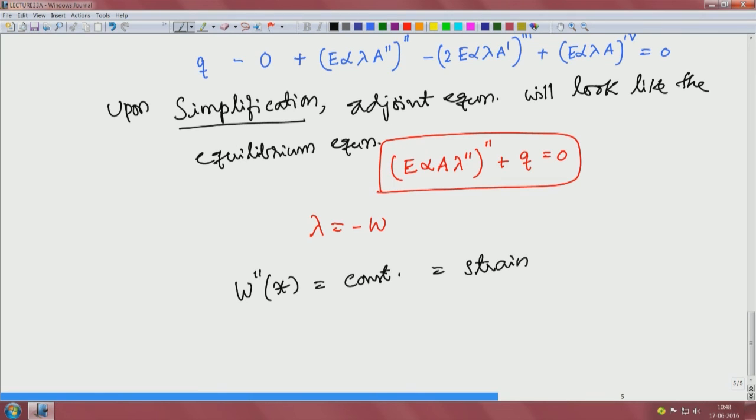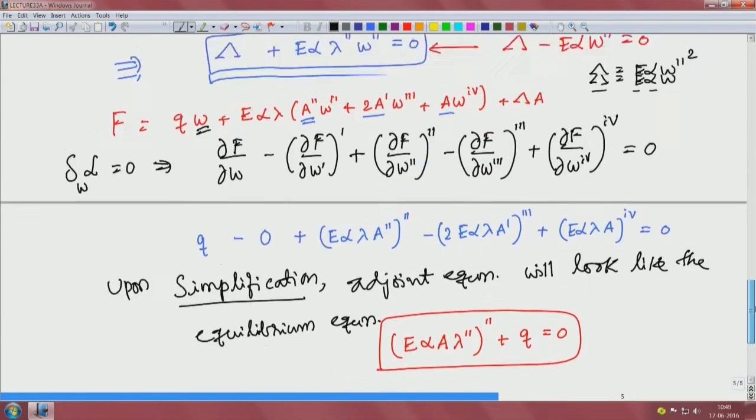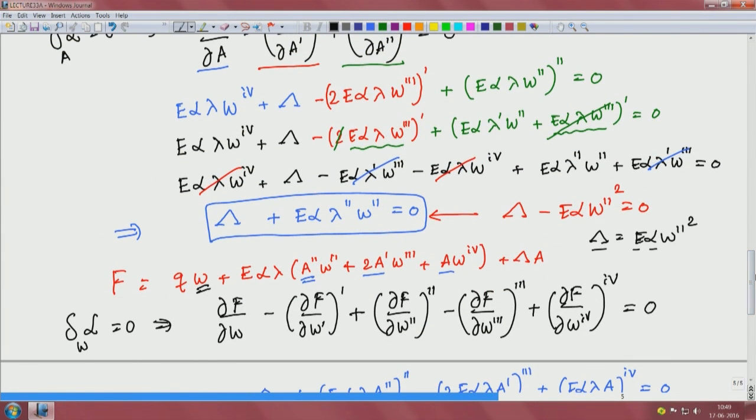This is exactly the conclusion we had arrived at in the case of bars, that if you want to make the structure the stiffest for a given amount of material, then the strain or stress are uniform throughout the beam, meaning they are not functions of x. And once you know this, you have enough equations to solve, just like in the bar, which we will consider in the next lecture.